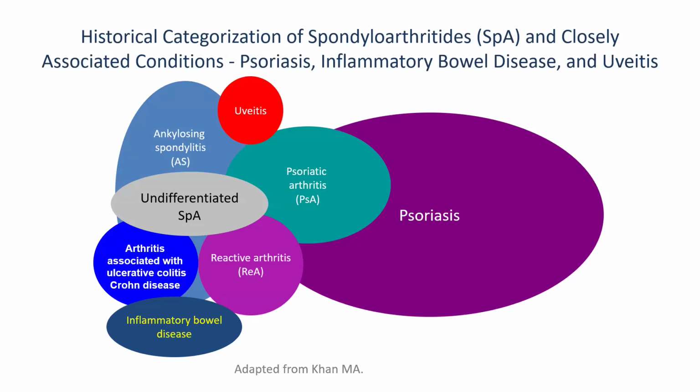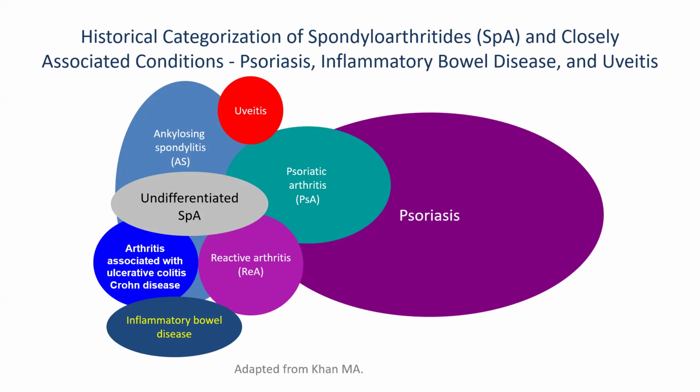So this first slide basically makes the point that there's a significant genetic and clinical association between the diseases that are listed here, including what you will soon come to learn is a term that's going to go out of fashion soon, and that's ankylosing spondylitis. And we'll talk about that in a second, as well as psoriatic arthritis.